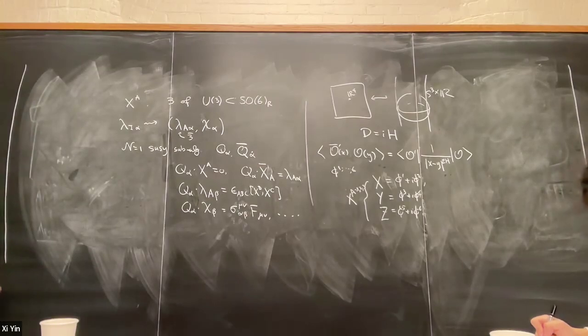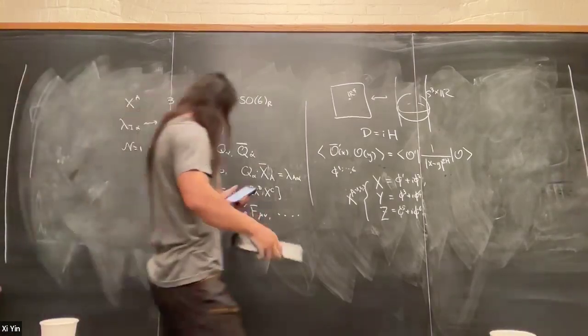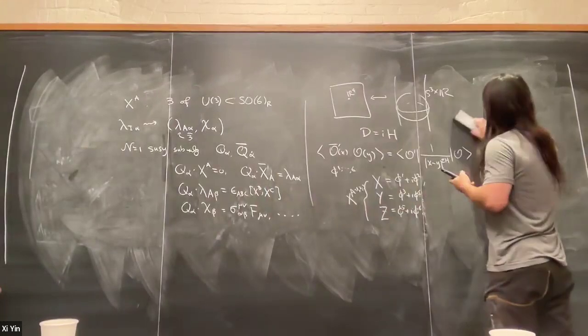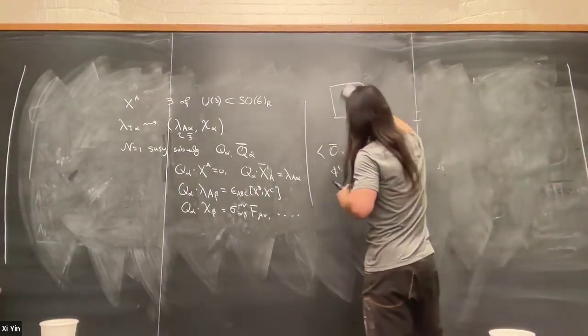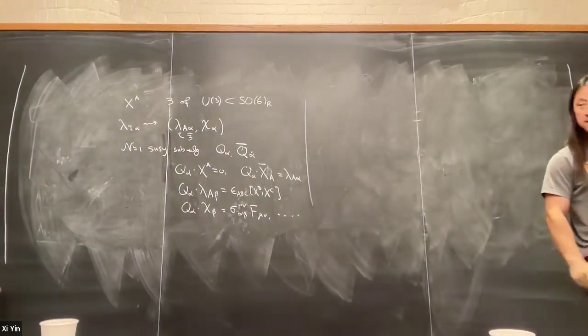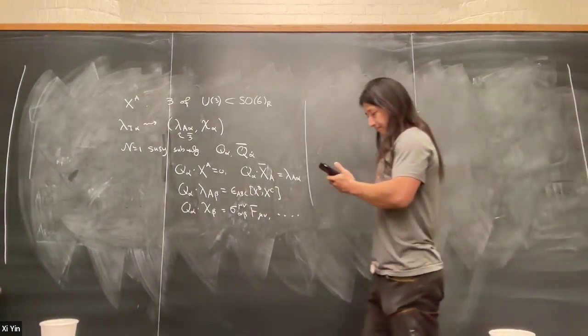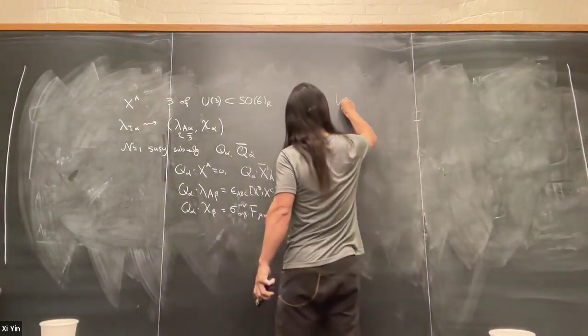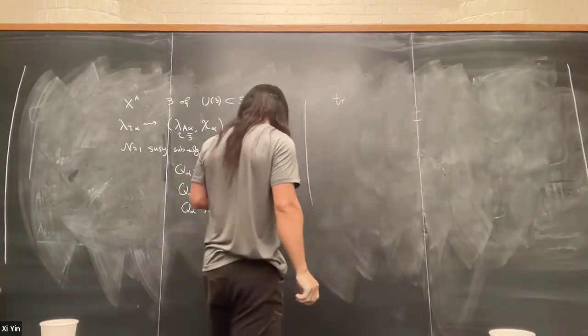Now, let's discuss how to organize these gauge-invariant operators. We're going to be talking about single trace operators. The simplest class of operators you can write down are made out of the scalar fields.